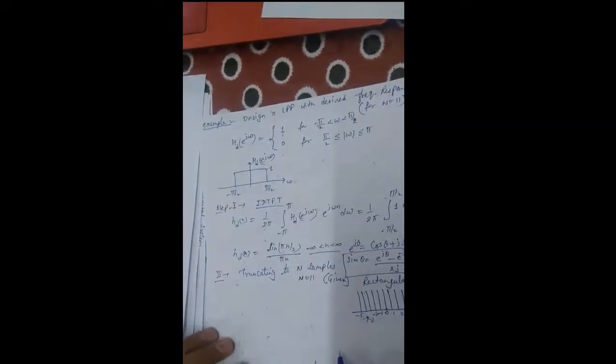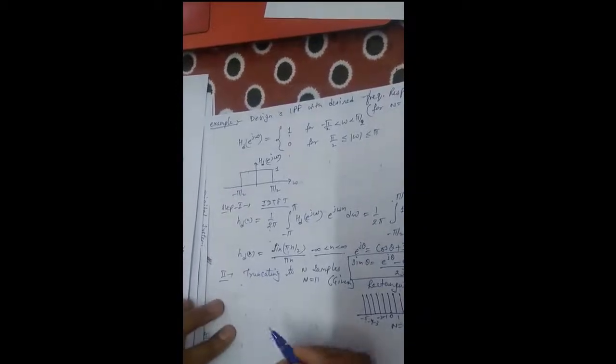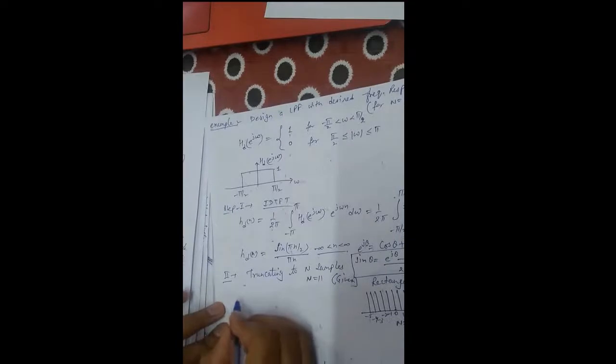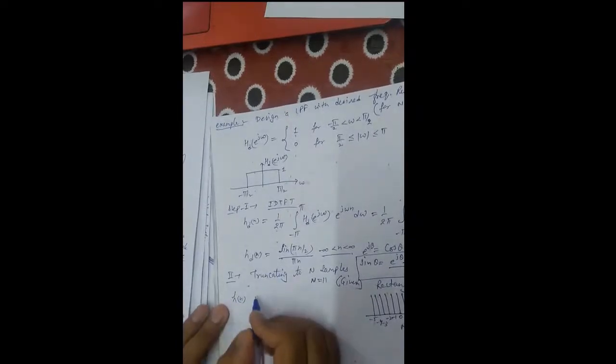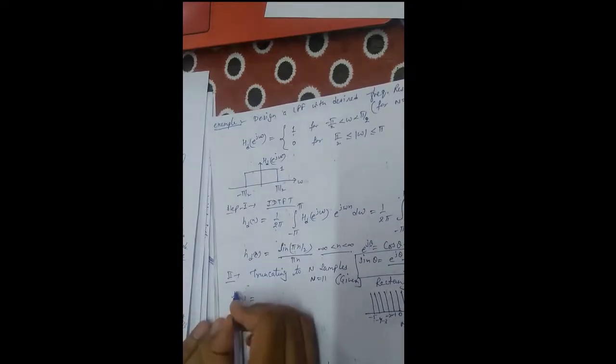Okay. And having n equal to 11 samples. Now again truncating Hn is equal to Hd'n.